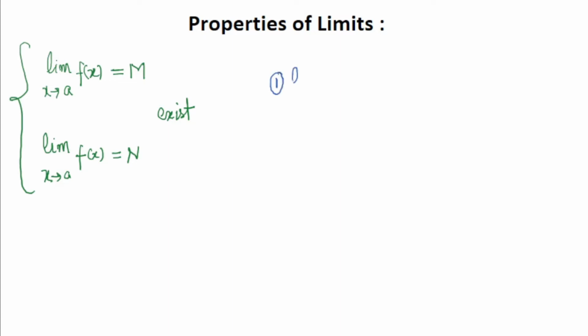First property: the limit as x tends to a of f(x) plus g(x). This is the addition property for the limits.